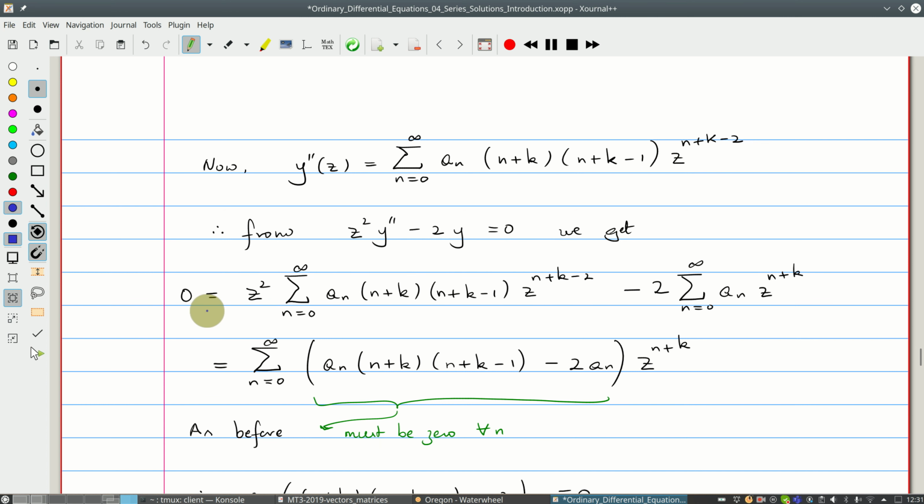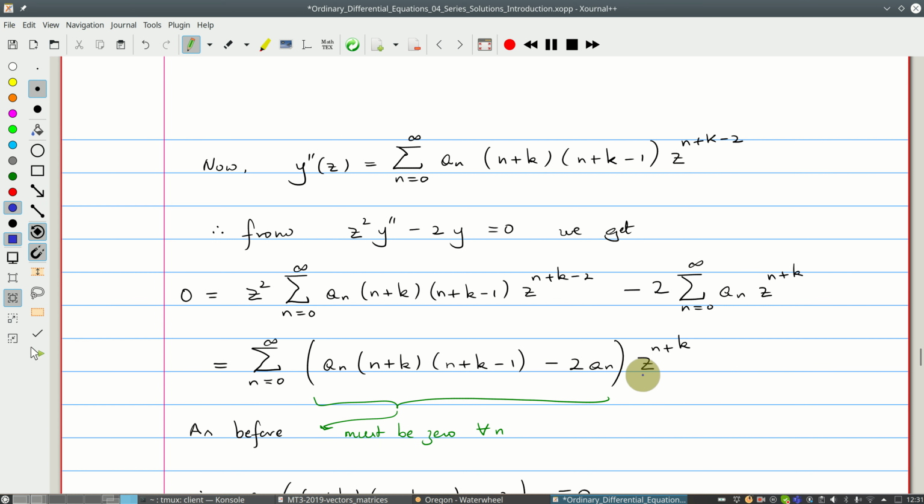With the same kinds of manipulations as before, we have 0 equals z squared times the second derivative minus 2 times the function y. Bring the z squared in. This makes this power of z the same as the one here. So we can bring a common power of z out, and we are left with an times (n plus k) times (n plus k minus 1) minus 2an.